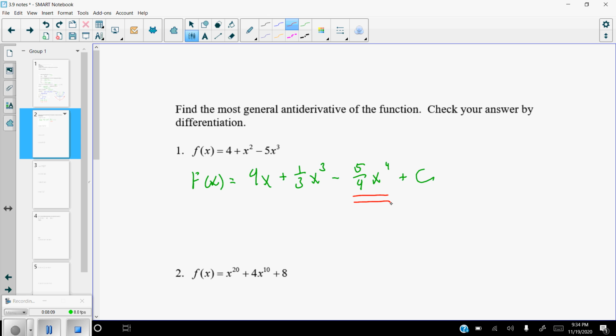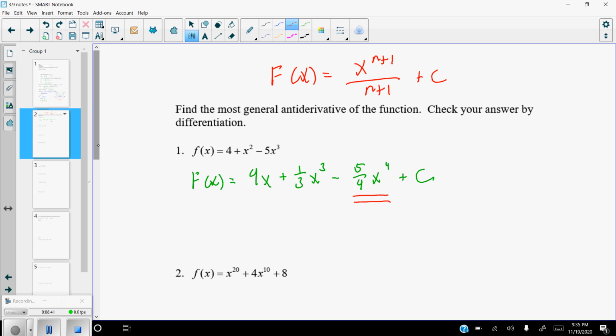We're going to add 1 to the exponent, and then we're going to divide, instead of multiplying, the coefficient by the new exponent. So, in general, your F of x, or your antiderivative, is going to be taking the function and adding 1 to your exponent, and then dividing by that new exponent. And don't forget your plus c.